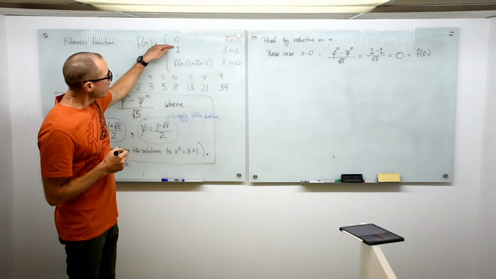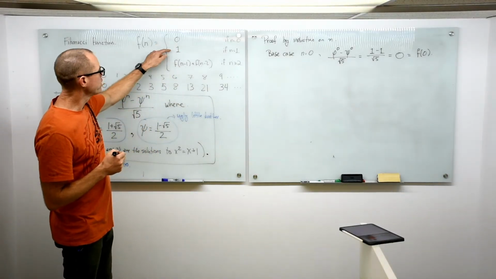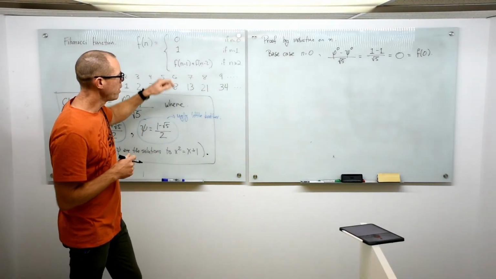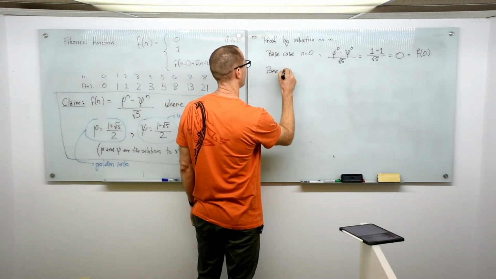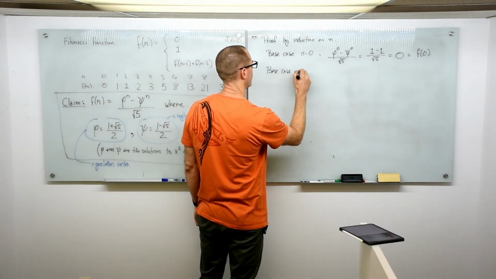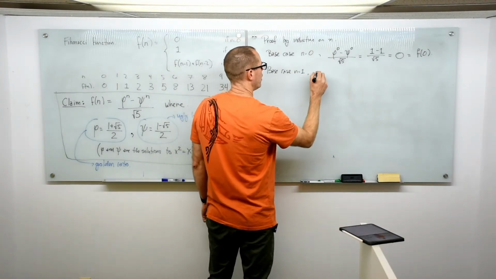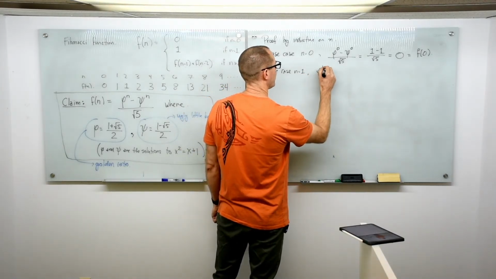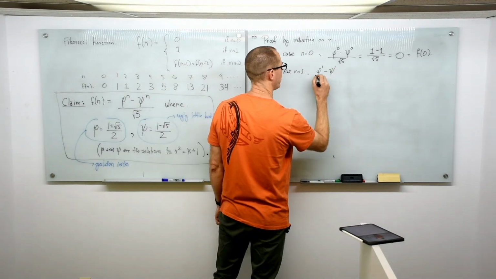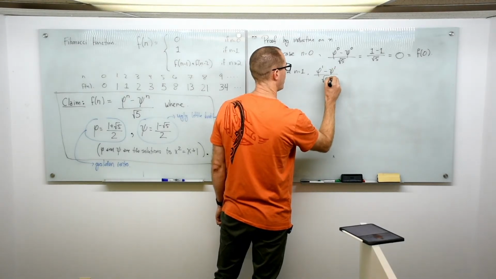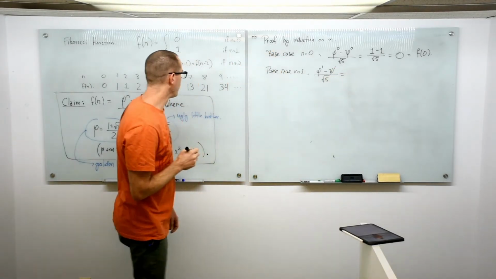We have a second base case we need to deal with, the base case n equals 1. So let's check that. So this says we should be looking at phi to the 1 minus psi to the 1 divided by square root of 5. Well, this one is a bit more work.